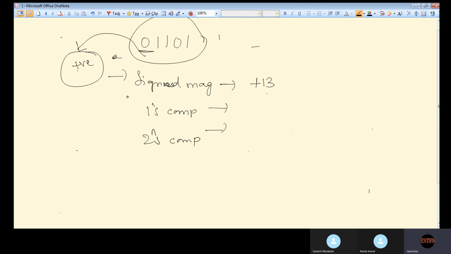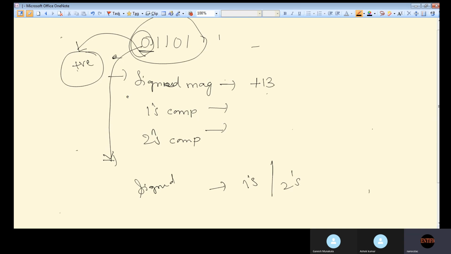Okay, see, here is a concluding point: if it is a signed number, only then do you have to go for 1's or 2's complement. If the number is positive, the magnitude is represented in its true binary form, and the sign bit 0 is placed in front of the MSB.